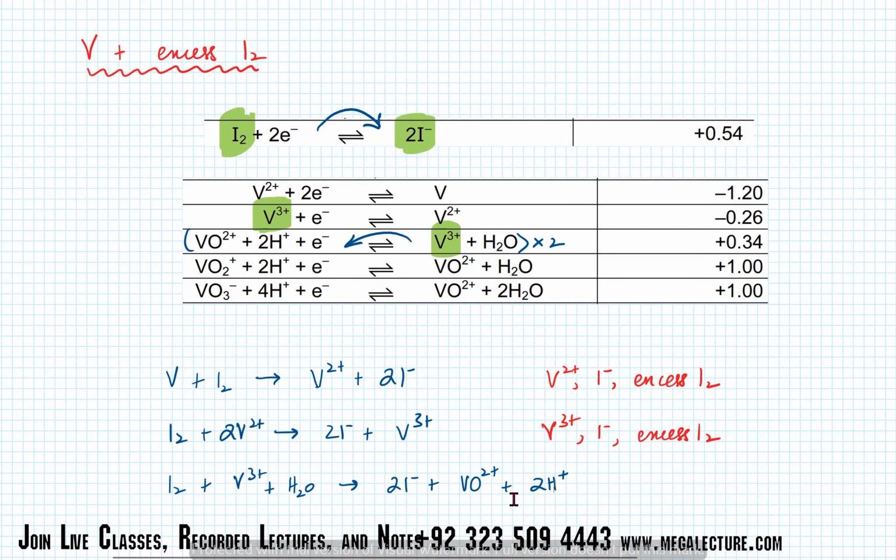So that's my third reaction now. Now what do I have in my solution after this one? क्या पड़ा हुआ? I've got VO2 plus now. I've got I minus 1 and I have excess iodine still.